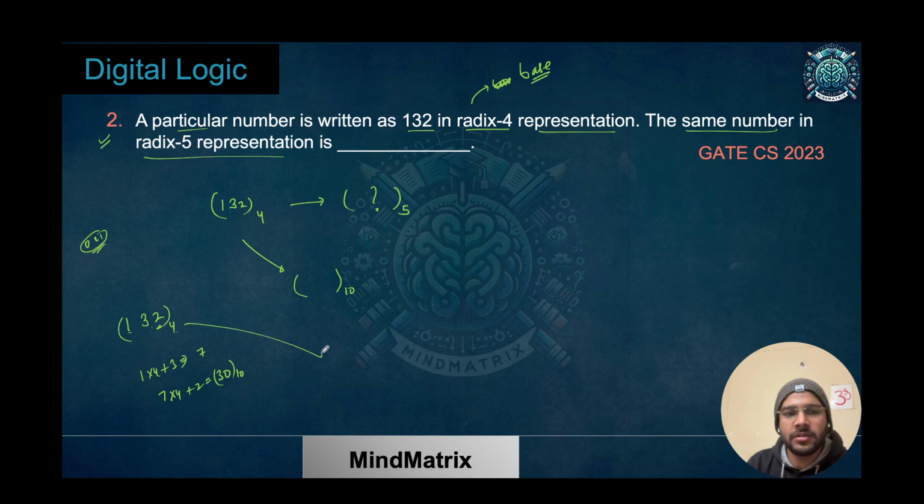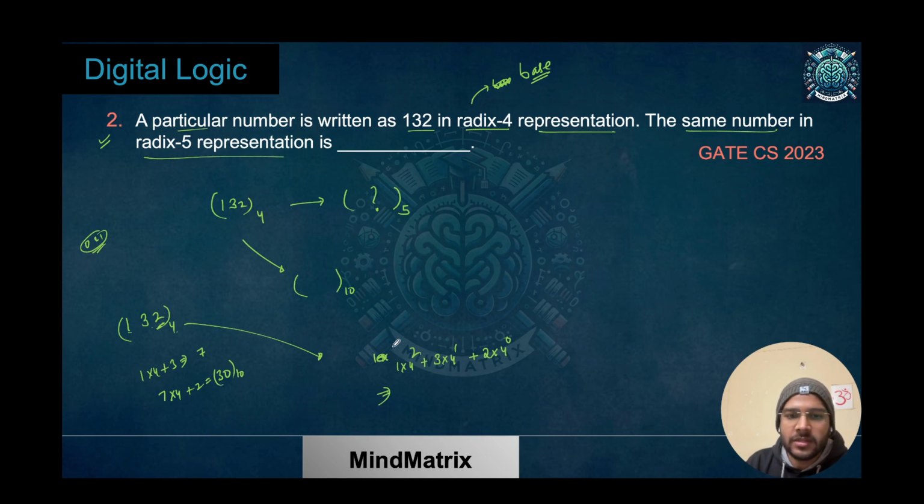Basically what we are doing is 2 into 4 raised to the power 0, plus 3 into 4 raised to the power 1, plus 1 into 4 raised to the power 2.